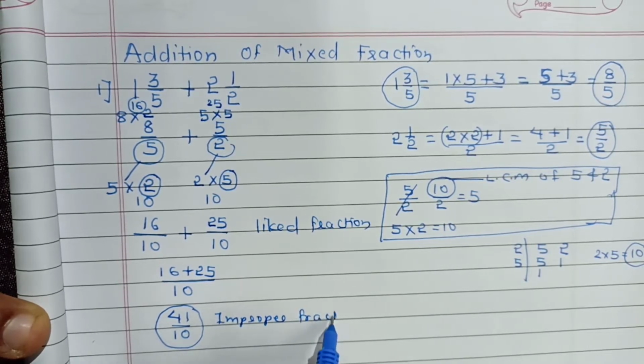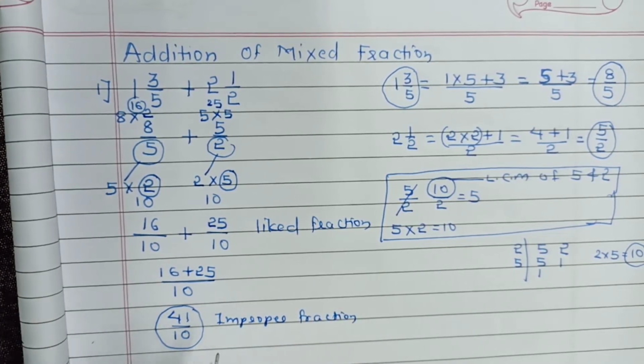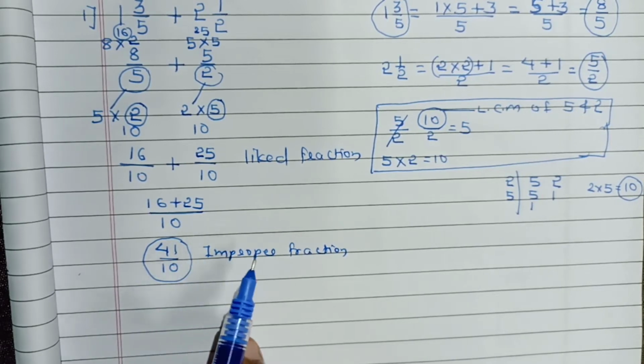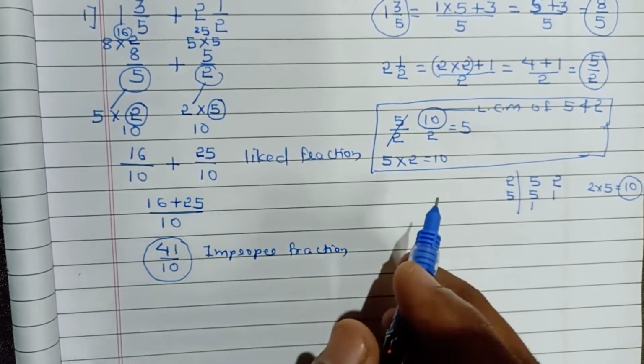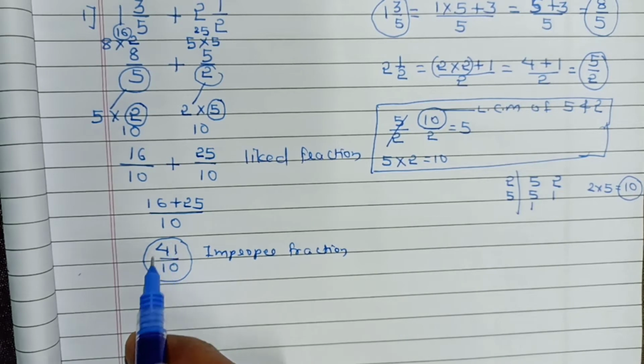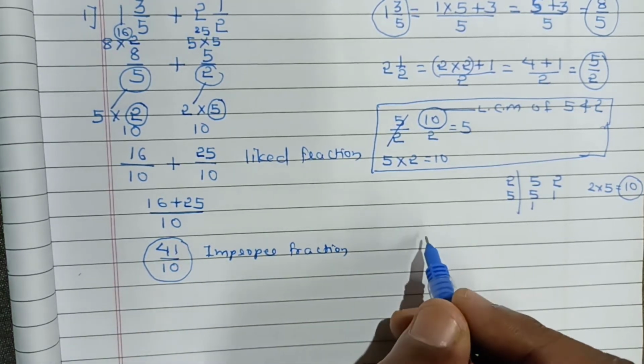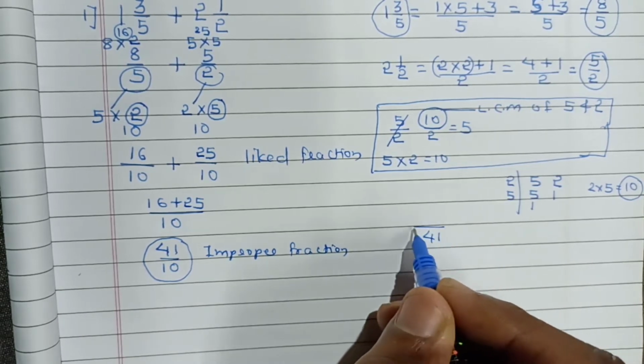Now this is an improper fraction. Why is this the improper fraction? Because the numerator is greater than the denominator. Now you have to do the conversion of this improper fraction to a mixed fraction. How to do the conversion of this improper fraction to a mixed fraction? You have to do the division here. So 41 divided by 10.